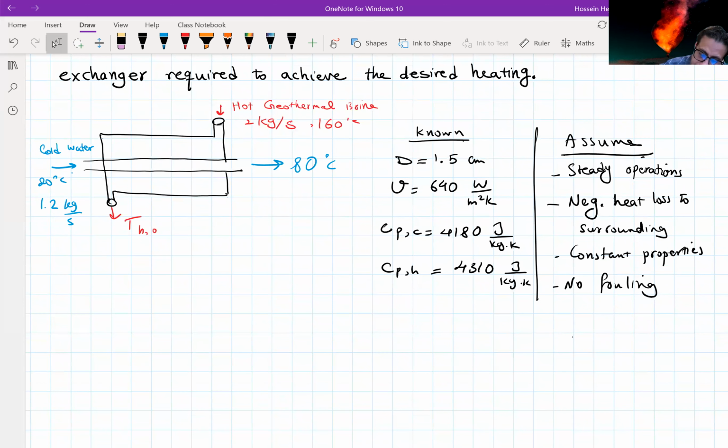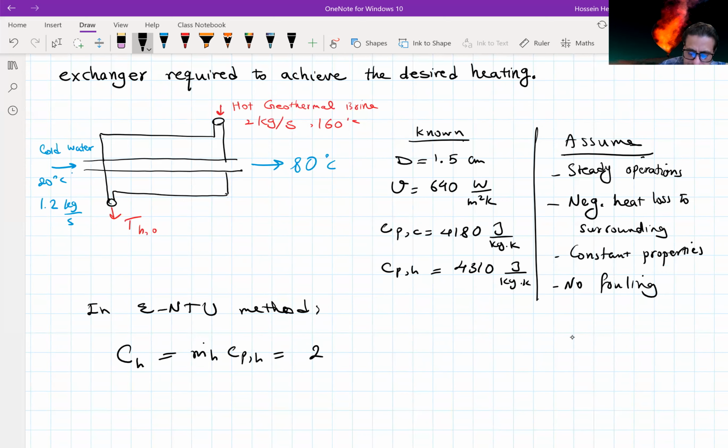So now knowing all these things in the effectiveness NTU method, the first thing that we do is we define the heat capacity rates. So the heat capacity rate for the hot stream is m dot h Cp,h, which is 2 times 4310, and is 8620 watt per Kelvin.